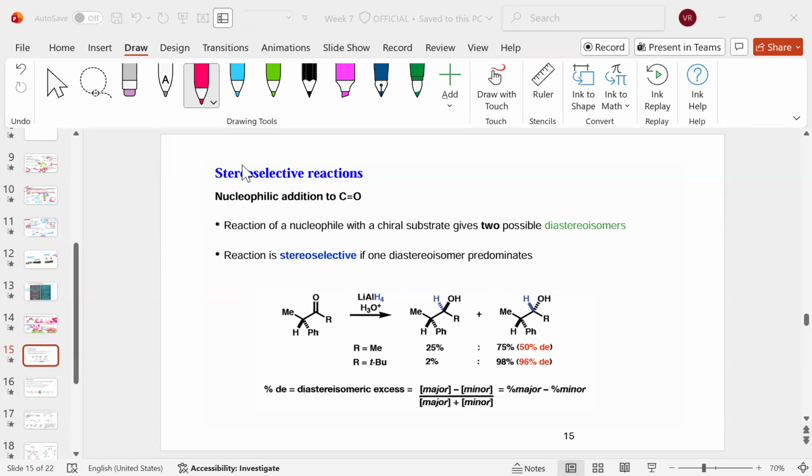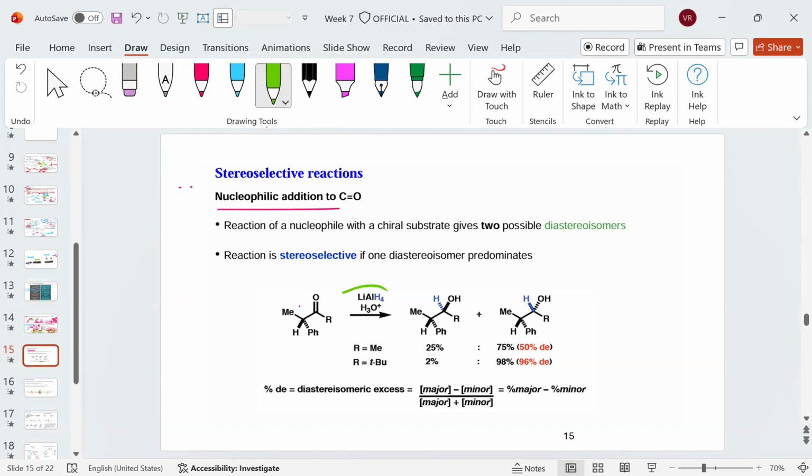So let's say this is one reaction, the nucleophilic addition across this carbonyl center. In this case, for this aldehyde we have the chiral center adjacent to the carbonyl center, and the product formation is mainly governed by the stereochemistry present in the starting material.